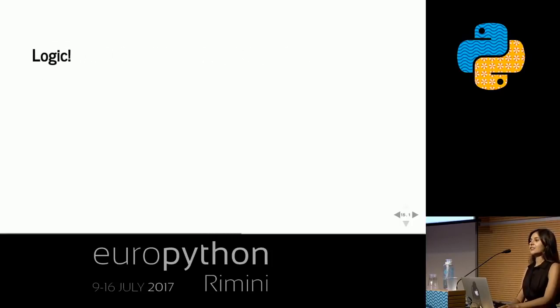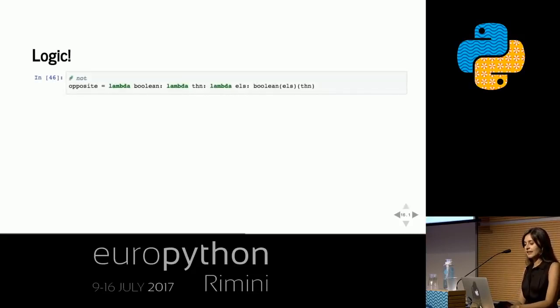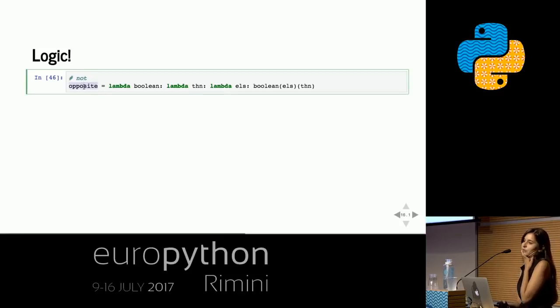moving on. So, with truth values, we can do logic. That's fun. Okay, we're just gonna power through these kind of logic things, in the interest of time. So if I want a not function, and again, I'm just gonna use a different word so as not to override Python words, I'm gonna call it opposite, because that's, I don't know, longer.